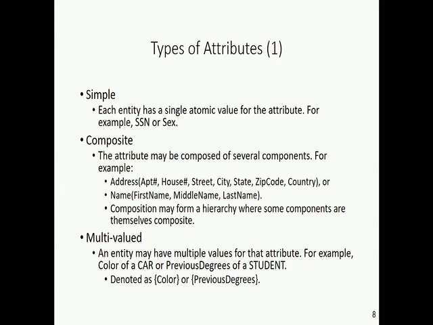Okay, so multi-valued means an entity has multiple values for that attribute. So color of a car, previous degrees of a student. For a given entity, one that you may or may not have is phone. Some people have multiple phones.